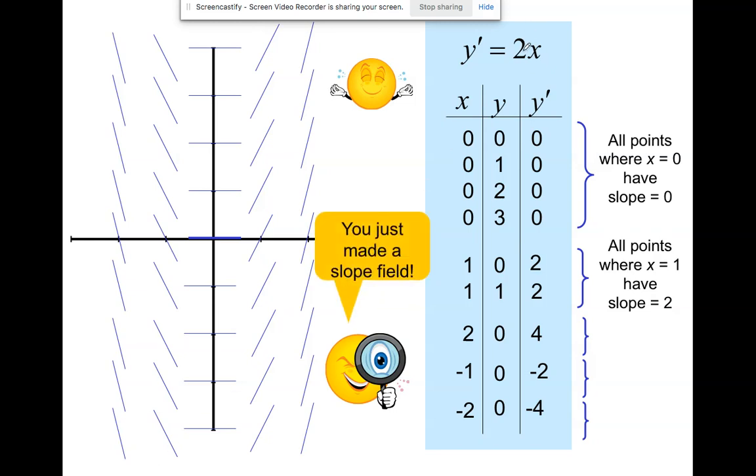You made a slope field for y prime is equal to 2x, and what you see is the solution to y prime is equal to 2x. Now, you know what the solution to this is. You know that. But if you couldn't integrate, you can kind of sort of see the solutions.